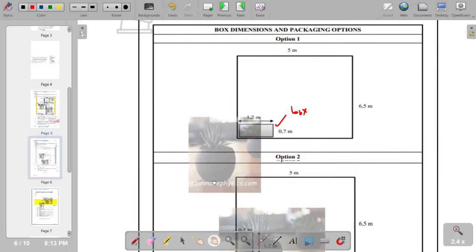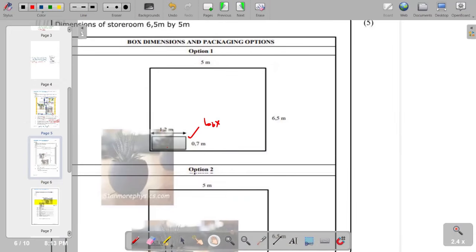So basically, we use our dimensions. Remember, this is our length for the box, and for the floor, the length is this one. We can represent it this way: this side is the same as this side, and this side is the other side on that part.